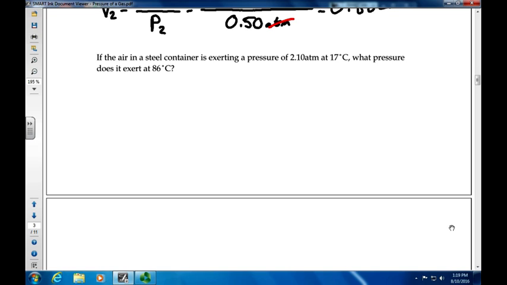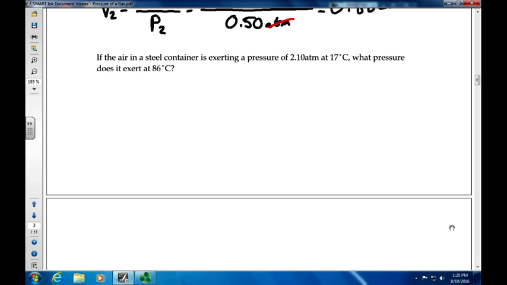The fact that it's contained means that we're probably looking at a constant with moles. And the fact that it's steel would seem to indicate that our volume will remain unchanged. This is further evidenced by the fact that they do not give us the volume nor the amount of moles. So we're going to have to deal with something that just involves pressure and temperature.